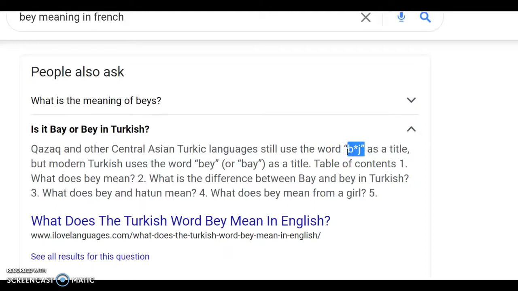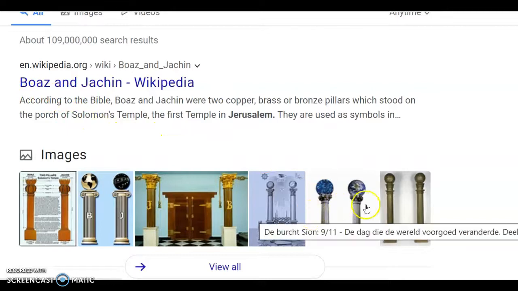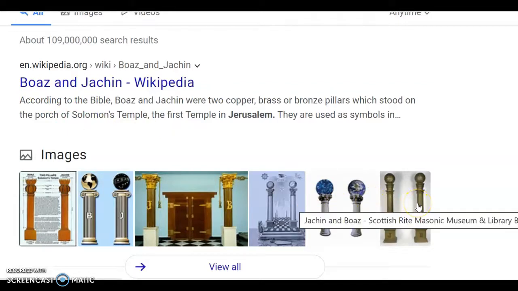Remember, this is supposed to be an 11th century picture or whatever, right? So B and G are the 2 pillars, Boaz and Joch, the 2 pillars, or the 11, see? The 11.